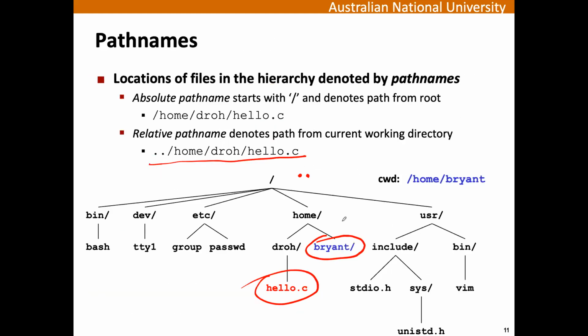So you do .. to go to home, and then home/draw/hello.c. So this is a relative path name. This is relative to the directory you are currently in, the current working directory, which is /home/bryant. The absolute path name is starting from the root /home/draw.